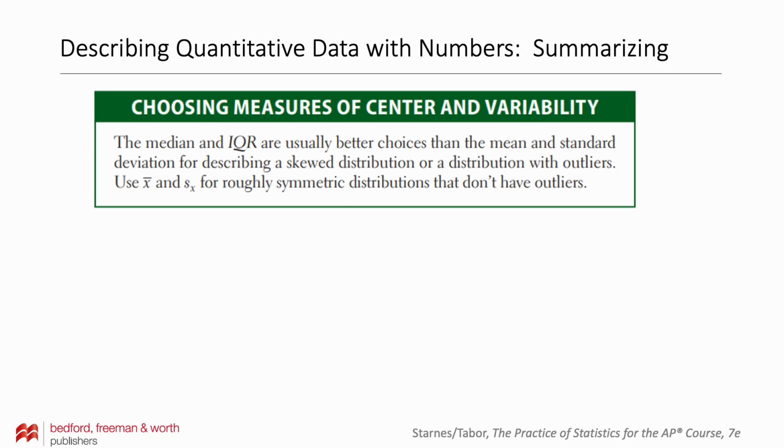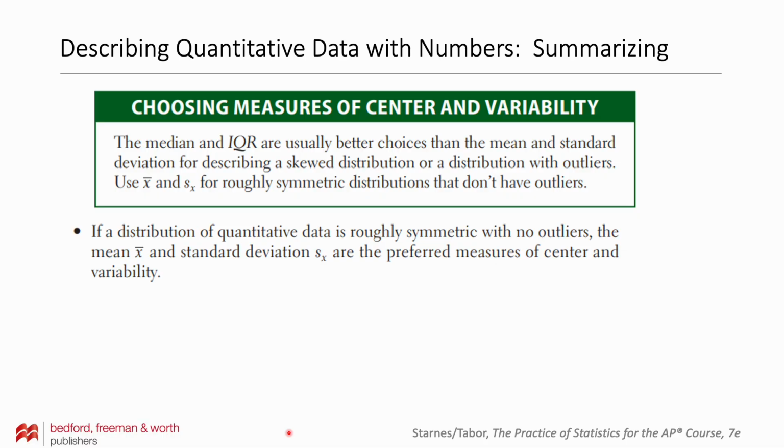Now, how do we know which measures of center and variability to choose? The median and the IQR are usually better choices than the mean and the standard deviation for describing a skewed distribution or a distribution with outliers. Remember, x bar is the mean of the sample and s sub x is the standard deviation of the sample, and we use those when it's a roughly symmetric distribution without any outliers.